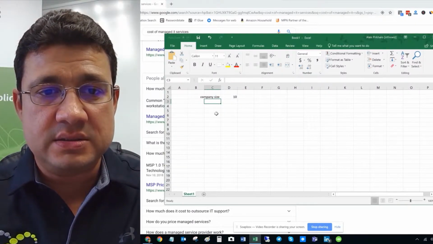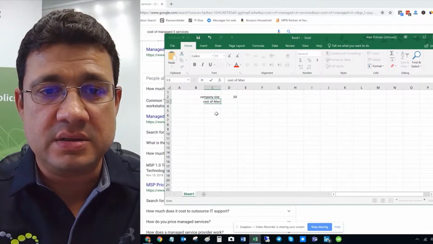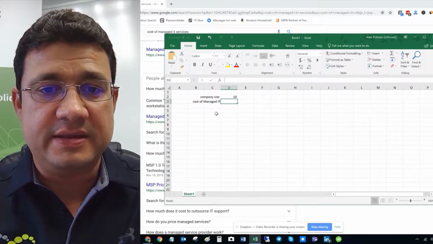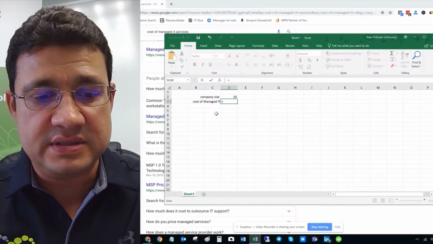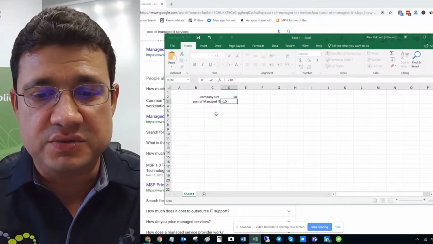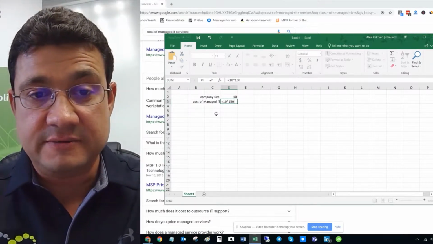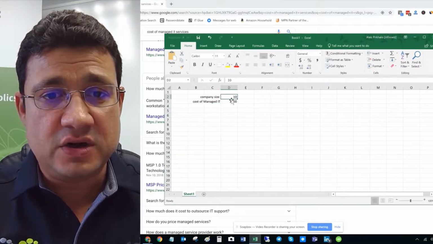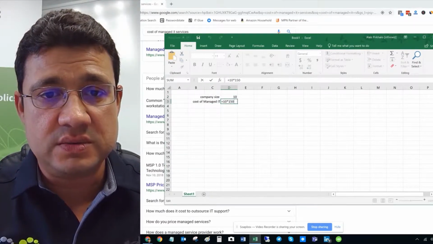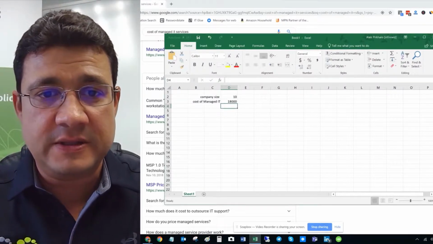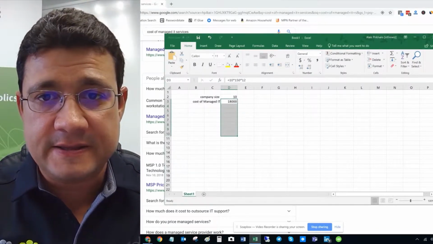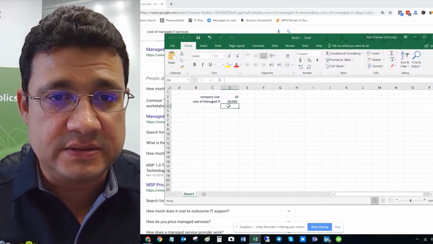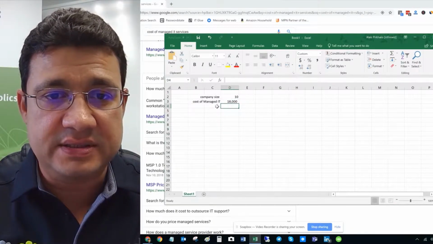For the cost of managed IT, let's take the high end of things and multiply 10 users by the $150 price tag. So that's the monthly cost, and for the annual cost, let's multiply that by 12. Format it a little bit. All right, so per year it is going to cost $18,000.